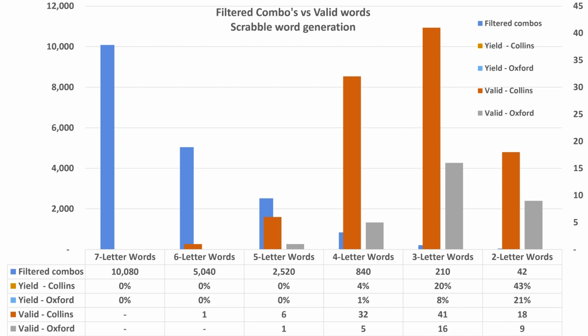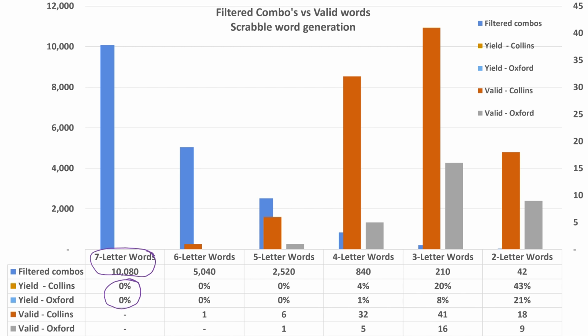Here's a plot of the total number of filtered combinations that were generated by your word generation algorithm and the number of valid words that were generated, as validated against both the Oxford and Collins dictionaries. If you look at 7-letter words for a given slate, I haven't shared the slate here, about 10,000 plus combinations were generated and none of those combinations were valid.